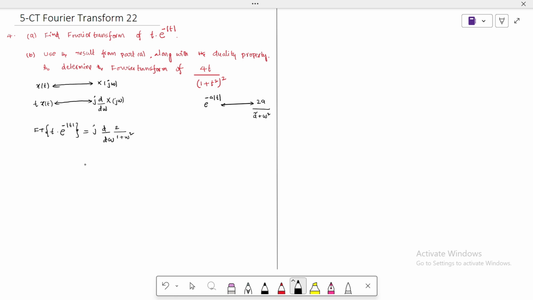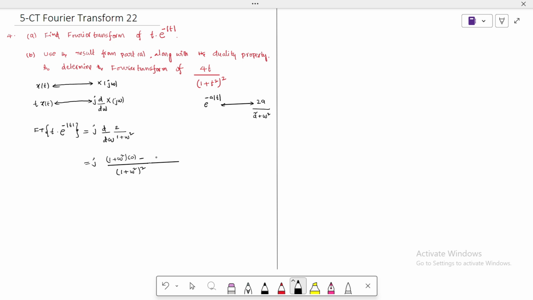Now we should do the differentiation. So j, and this is the u by v formula: u by v square, so v is 1 plus omega square, whole square. Then v equal to 1 plus omega square, u dash equal to 0, so minus u into v dash.